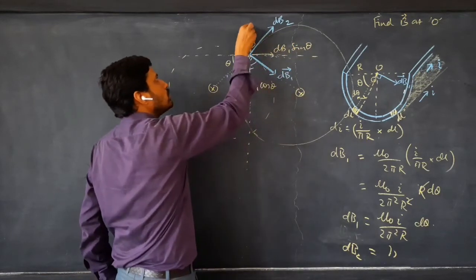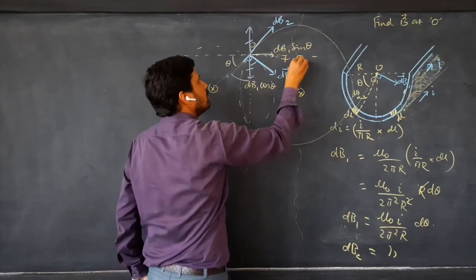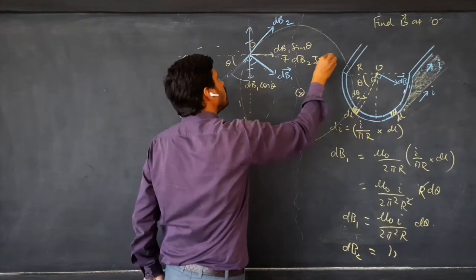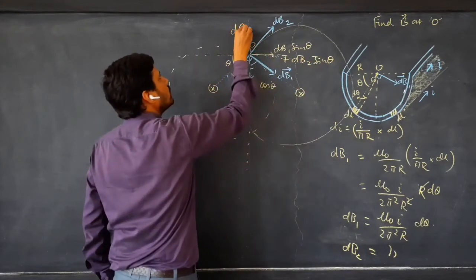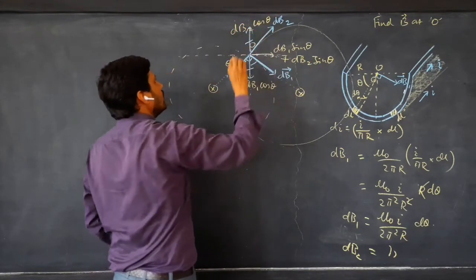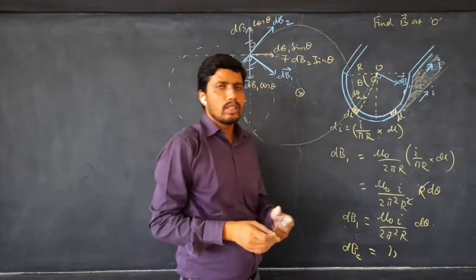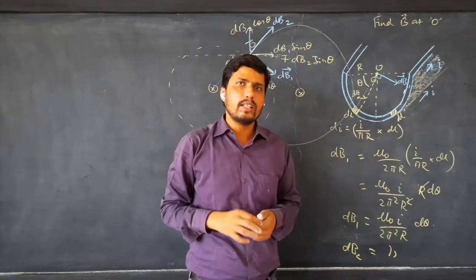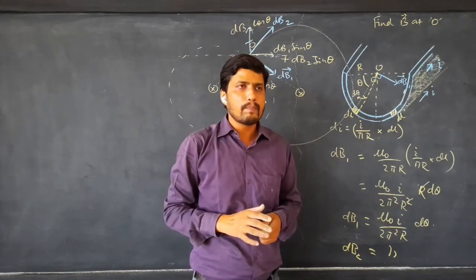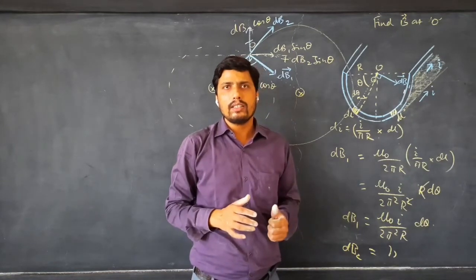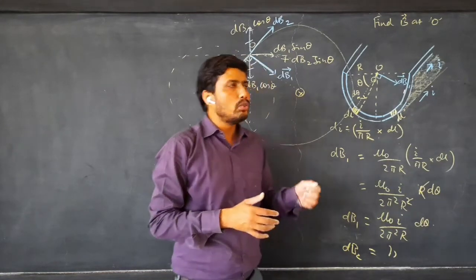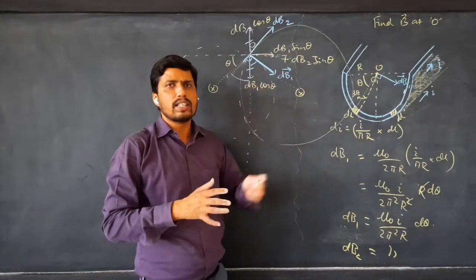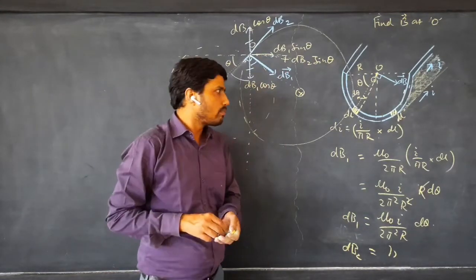This one will be dB2 cos theta and the other one dB2 sin theta. So the sin theta components will add up and the cos theta components will cancel. Please pay attention to this particular figure. You have to imagine the directions. It will take some time. Don't worry, take time. Instead of jumping over to writing the components as cos theta, sin theta easily, please give some time.